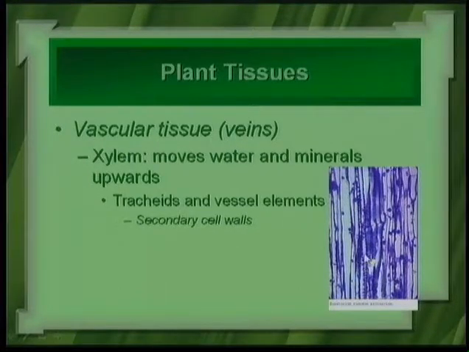The main thing to remember is that two of the types of cells in xylem are tracheids and vessel elements. These are the two main kinds of cells specialized just for xylem. So remember that xylem moves water through the plant. It takes up water, moves it through the root, into the stem, into the leaves, and out of the leaves into the atmosphere through the stomata.